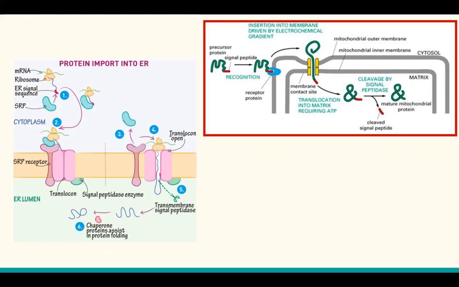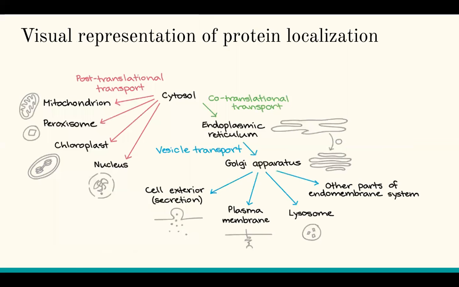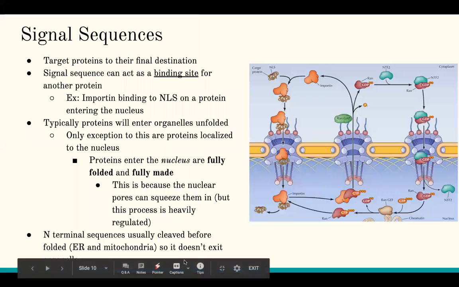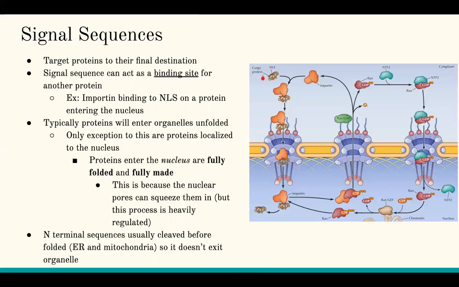No, so when I say protein enters unfolded, maybe it helps if I show the nucleus. So in the nuclear pore complex, when it's going to the nucleus, this particular protein, which is this golden thing, does not unravel and show each of the individual amino acids.